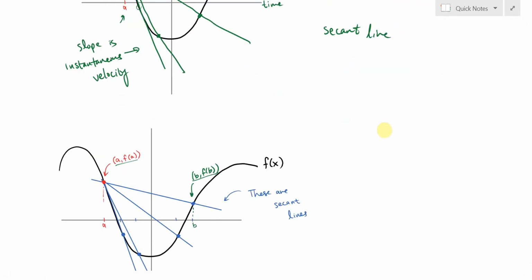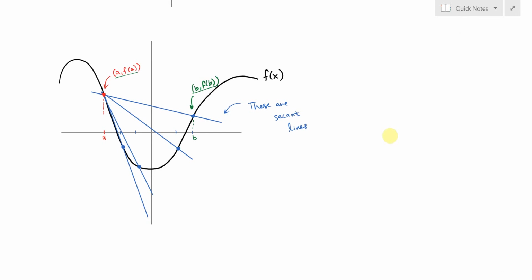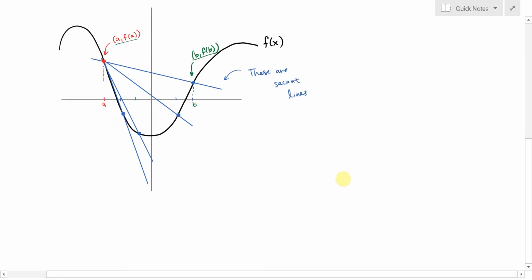The reason we're considering these secant lines is that if we know the slope of each of these secant lines, then we can somehow use that to figure out what the slope of the tangent line ought to be, because they converge. As we pick closer and closer values of b, with b approaching a on the x-axis, then hopefully the slopes of these secant lines passing through a comma f of a and b comma f of b will in the limit converge to the slope of the tangent line.